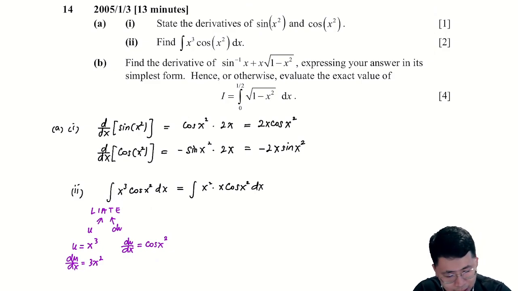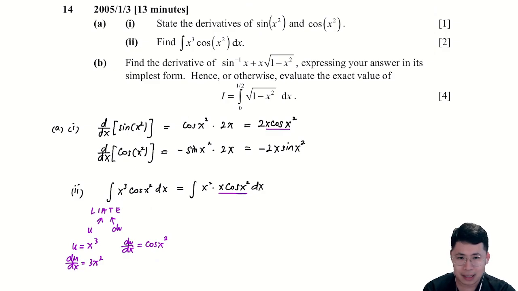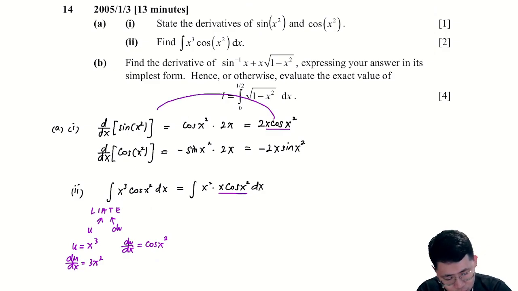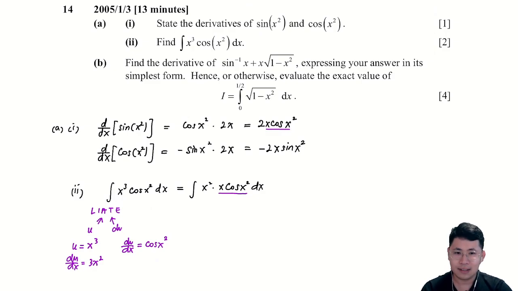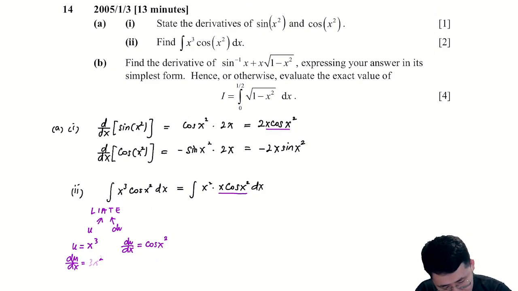So that you see we can fit this format over here that we can integrate by parts, because we can make use of these results to integrate back to this. So let's change our u and dv. Our u over here is going to be x squared, differentiating to become 2x. The dv dx is actually x cos x squared.